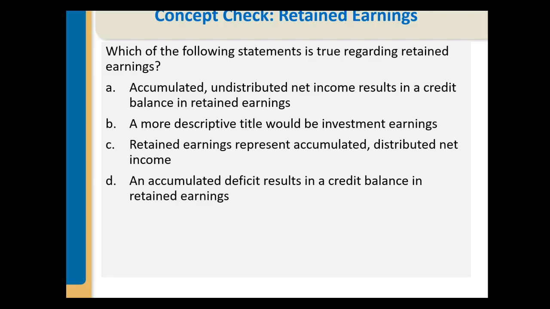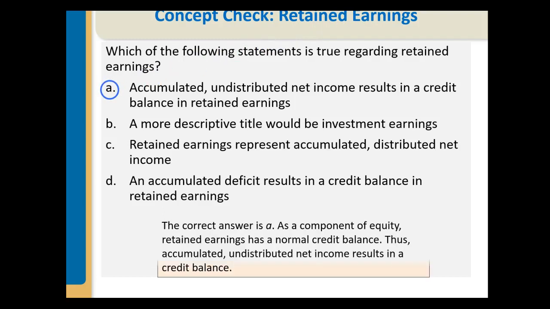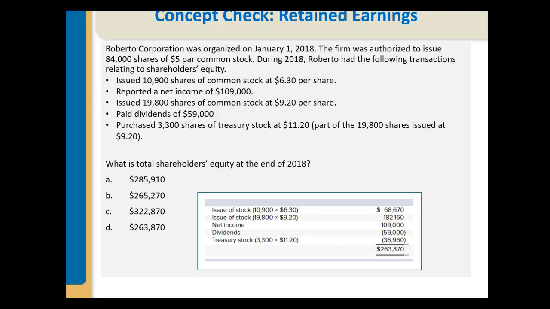D. An accumulated deficit results in a credit balance in retained earnings. So what do you think is the correct statement? Well, hopefully you got A there. As a component of equity, retained earnings always has a normal credit balance, so the accumulated undistributed net income results in a credit balance. Let's look at another one.